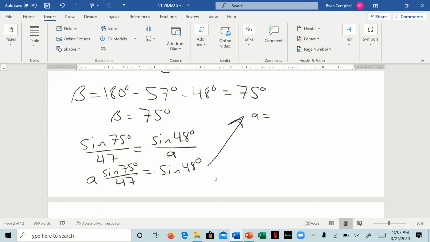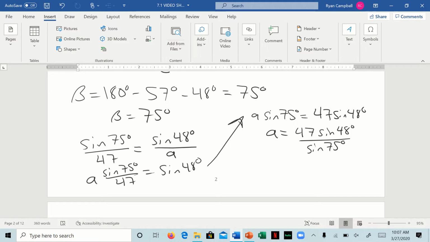So A times sine of 75 degrees is 47 sine of 48, and then divide by sine of 75. So A is going to be 47 sine of 48 degrees divided by sine of 75. And when we plug that into our calculator, we see that A is going to be about 36.2.